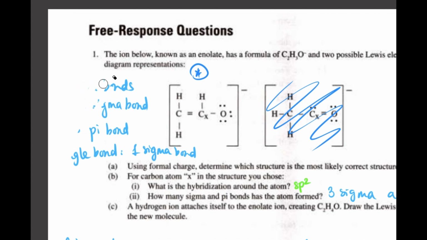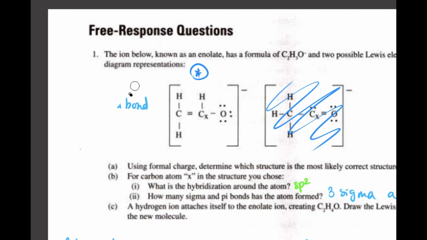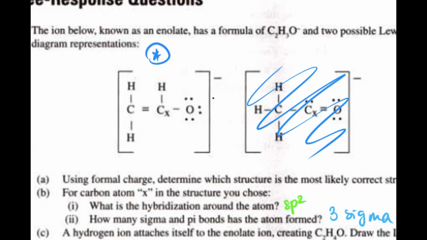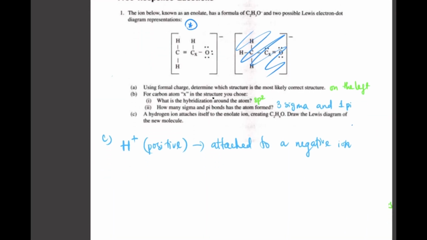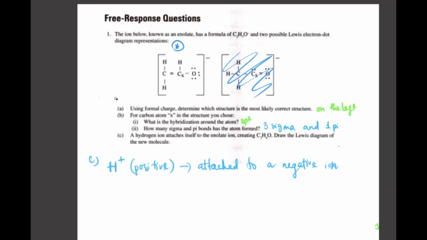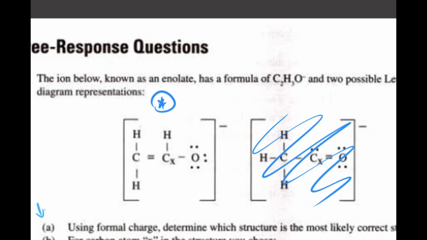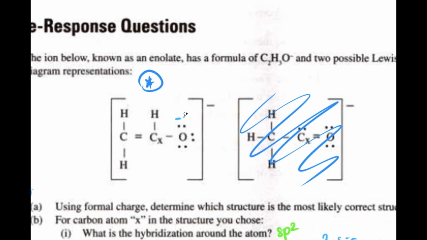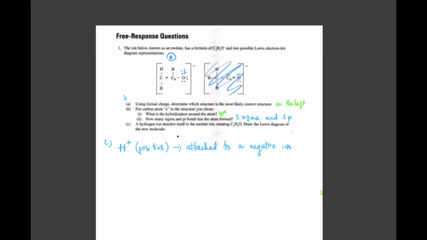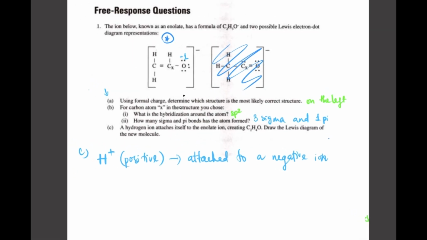However, we have to take a look at where the hydrogen will bond. We can easily see that it is very likely to be the oxygen, because in question A, we already found out that the formal charge for oxygen would be -1. So it's going to attach to this oxygen atom because it is negative.